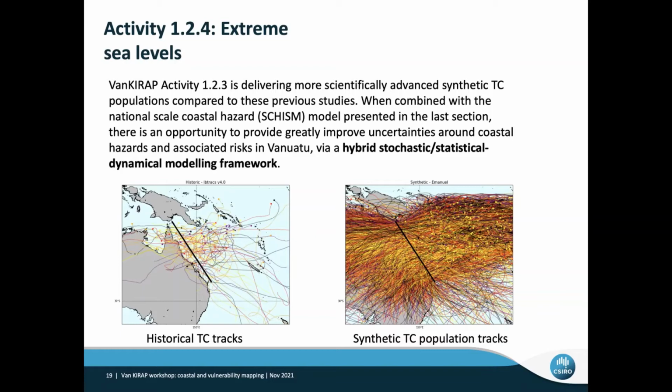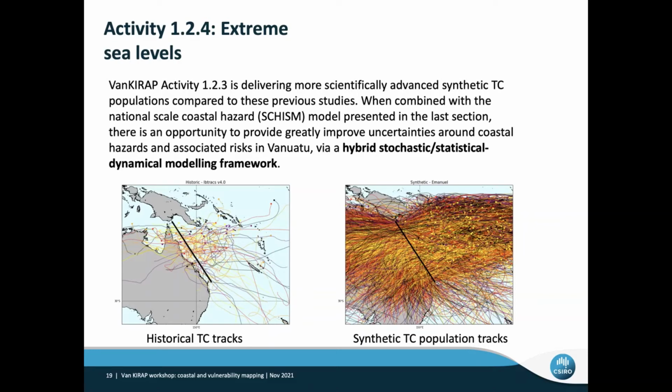So the two figures on the bottom here are just an example of some preliminary work we've also done in Queensland, where the left panel just shows all of the historical tropical cyclone tracks in the IBTrACS database. I can't remember off the top of my head, but I think it's something like 40 or 50.